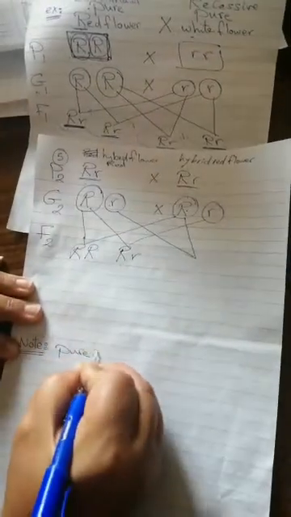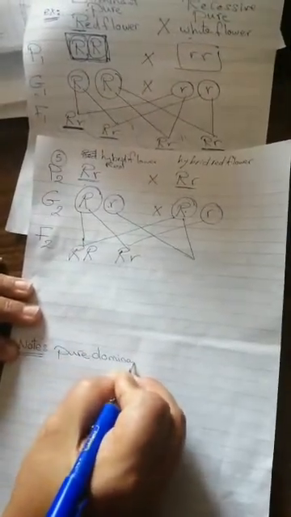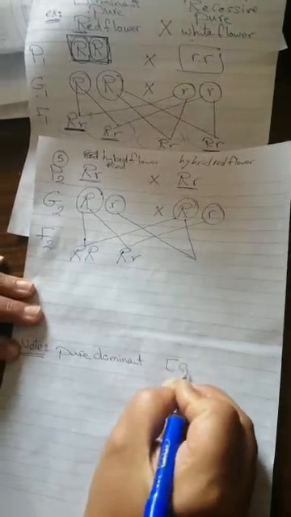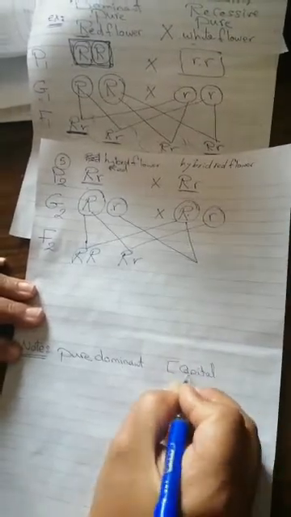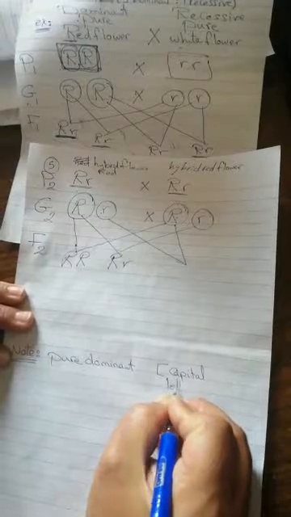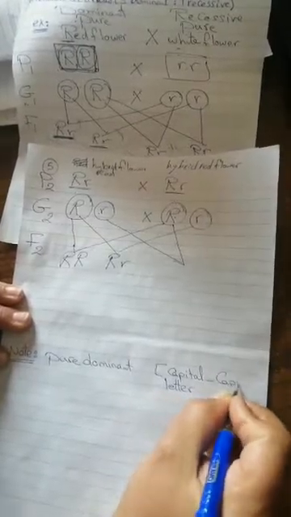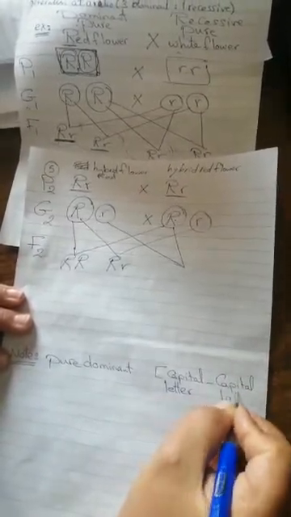Pure dominant. How can we write it? Capital letter, capital letter. Okay?